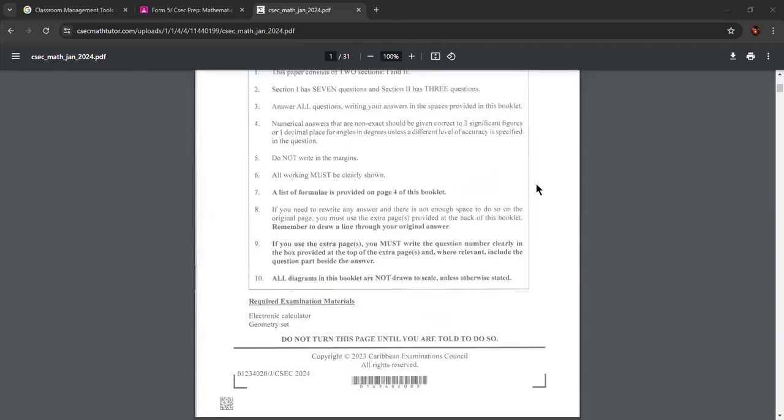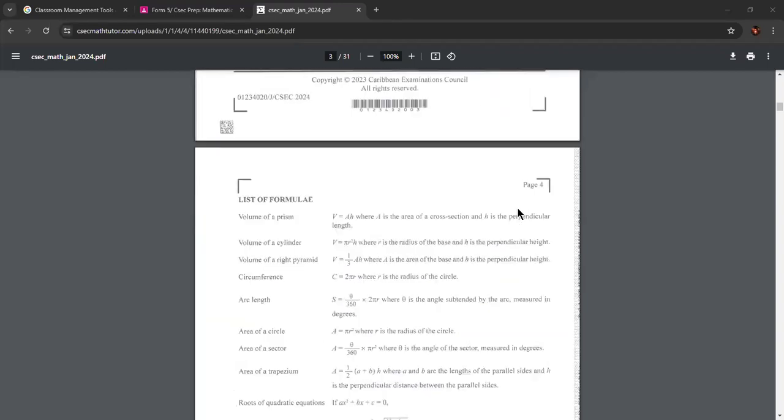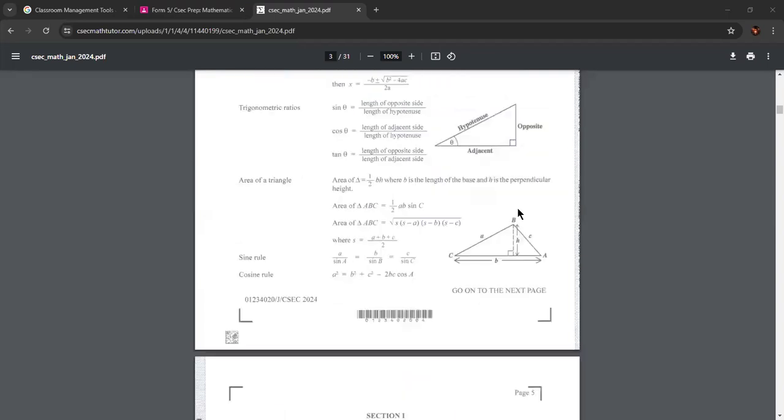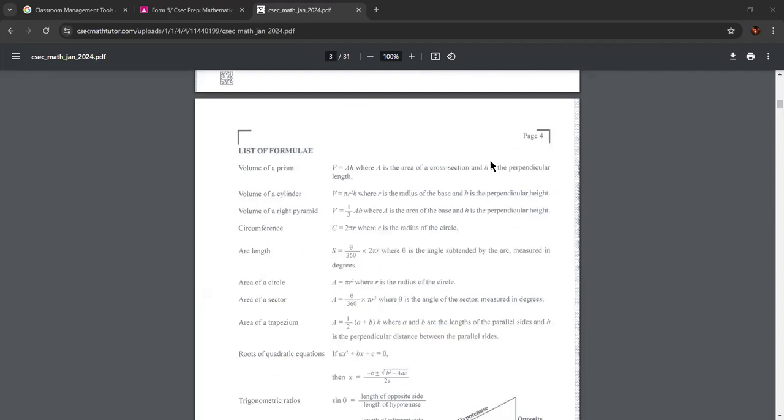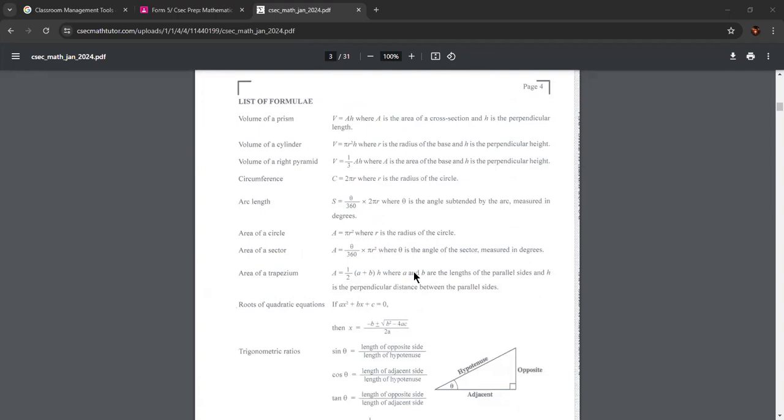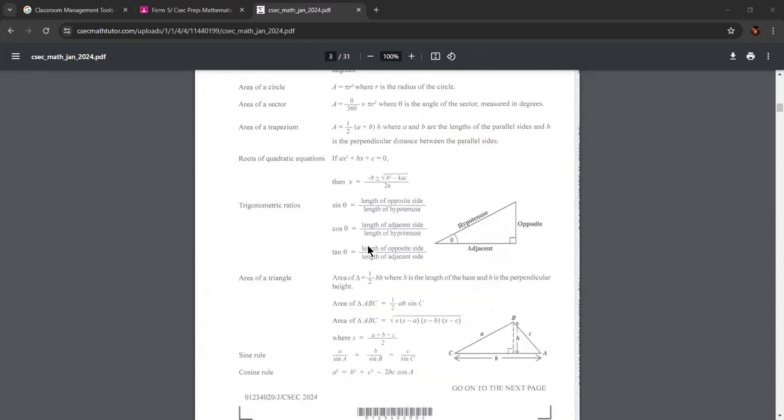All right, so normally on the CXC paper, they will give you a list of some formulae. Not many, right? But it's good to know what is given, what is not given. They do give you SOHCAHTOA, but SOHCAHTOA is easy to remember.